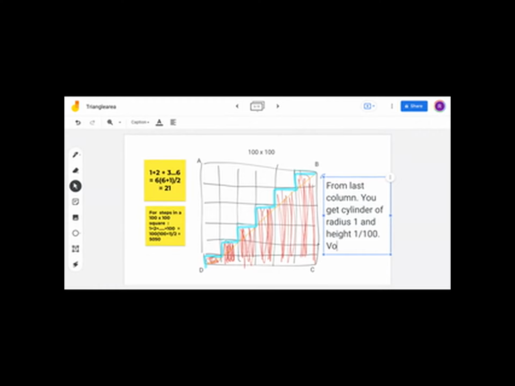Volume is how much? Pi into 1 by 100. Yeah, pi r squared h. Pi into 0.01. Yes, sir. Exactly. Times 1 squared. 1 squared is 1. Pi r squared h, so pi 1 squared times 1 by 100.